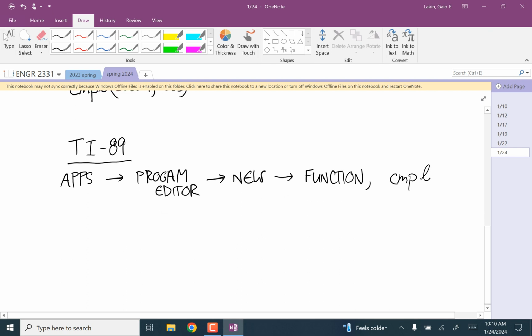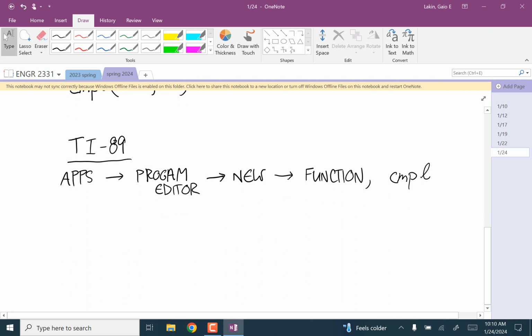And then it'll open the programming environment, and it'll say CMPL at the top with parentheses, and your cursor is inside the parentheses, and in here you want to enter EV, because those are the arguments.